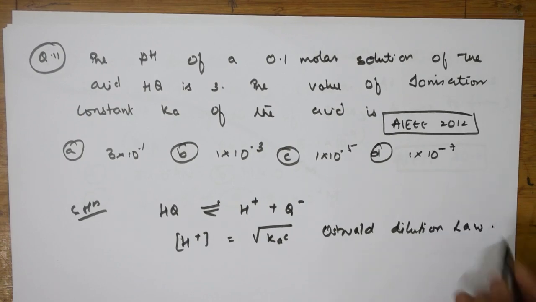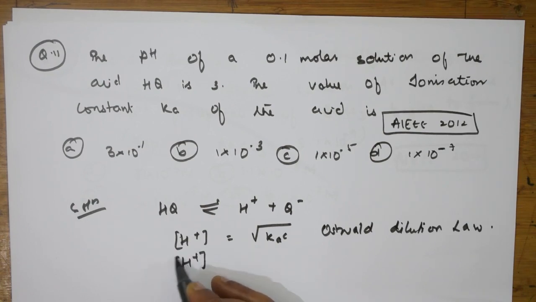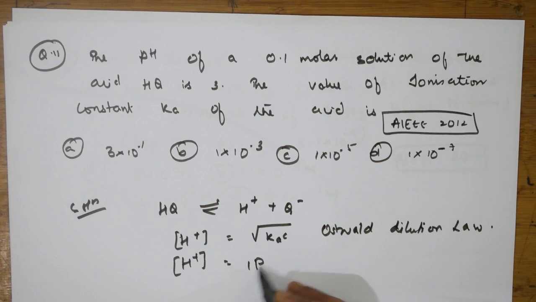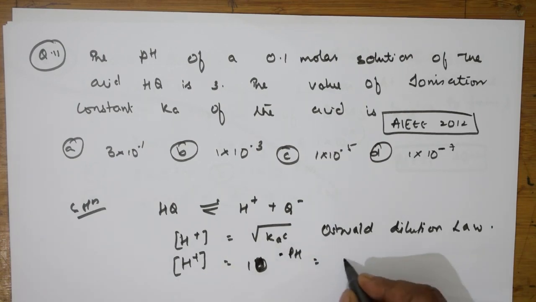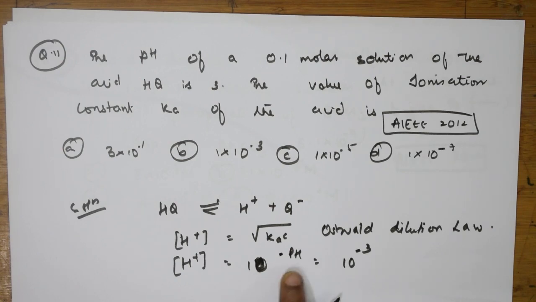Now we know pH is the negative logarithm of H plus ion concentration, base 10. So H plus is 10 raised to the power of minus 3.